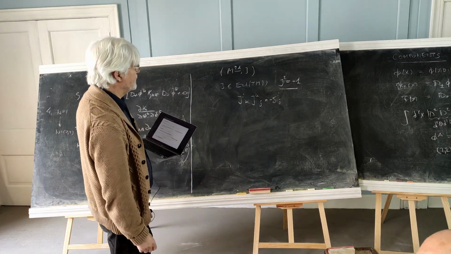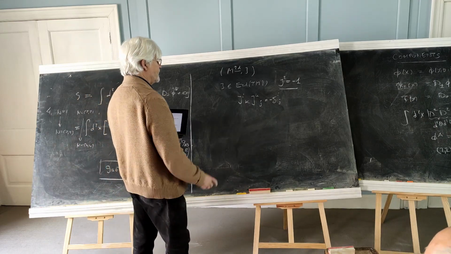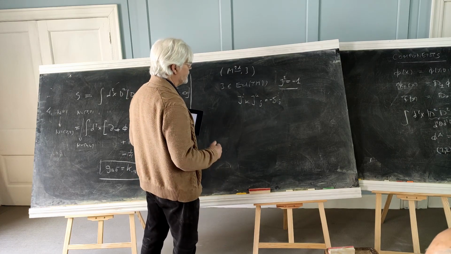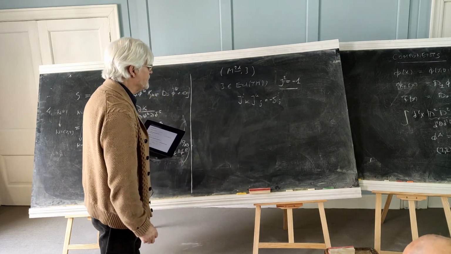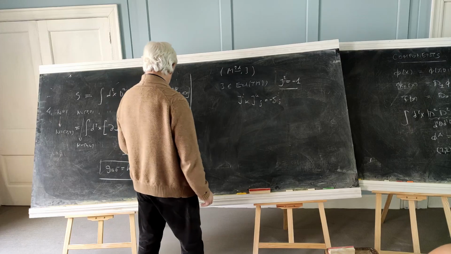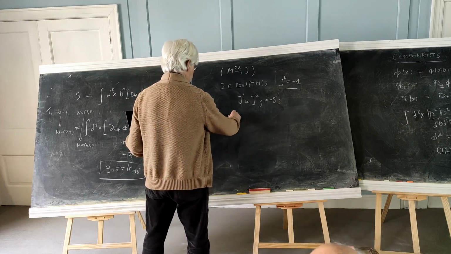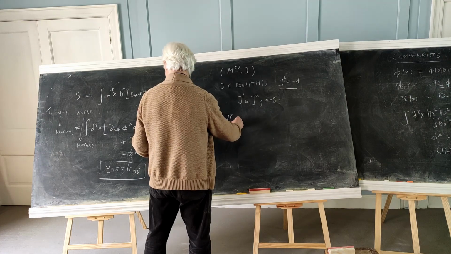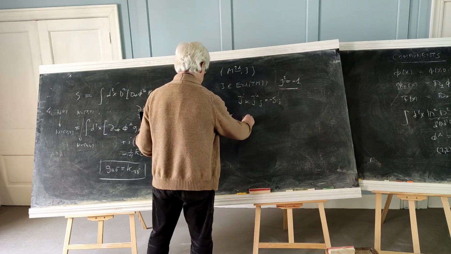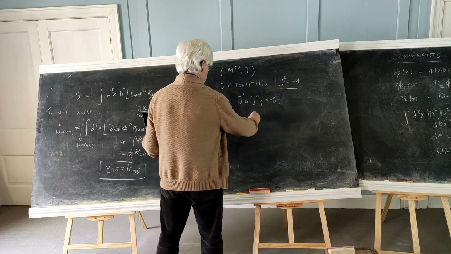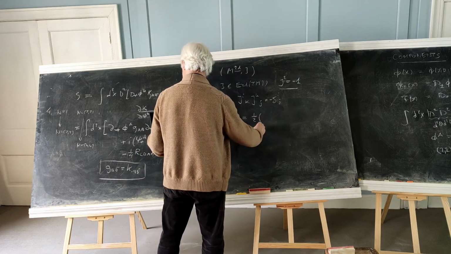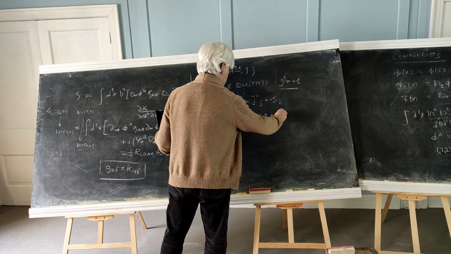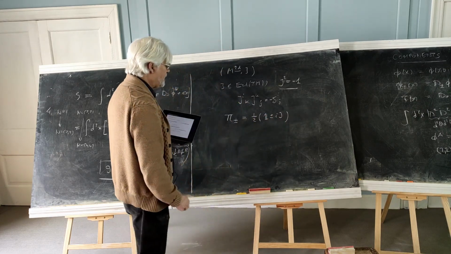I'm calling it a complex structure, but at this stage it's just an almost complex structure, because a complex structure comes with the condition of being integrable. So we'll discuss that now. Once we have this J, we can define pi plus minus, which is one way of writing it, one plus minus iJ over two.